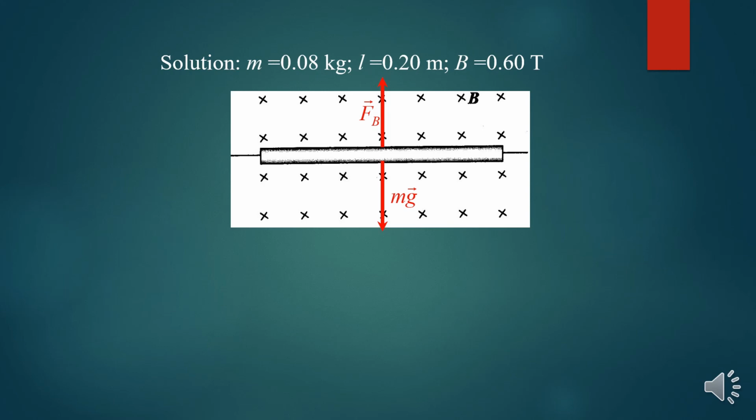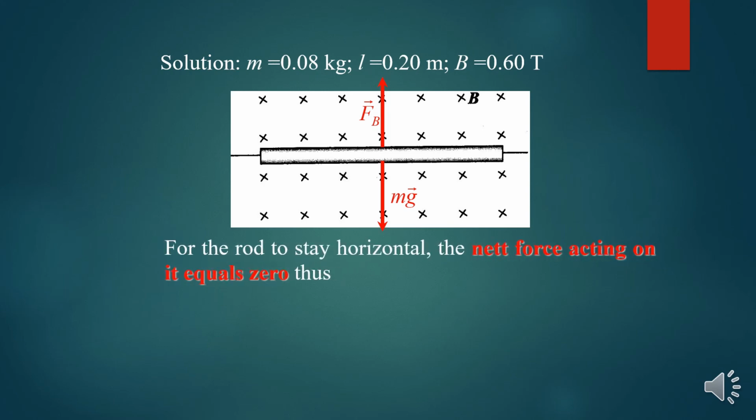Now we calculate first. From the concept, FB equals FG, FB equals B I L sine theta. Theta is 90 degrees because that refers to the angle between B and L. Then it equals mg. Substitute the values, so we get I equal to 6.54 ampere.